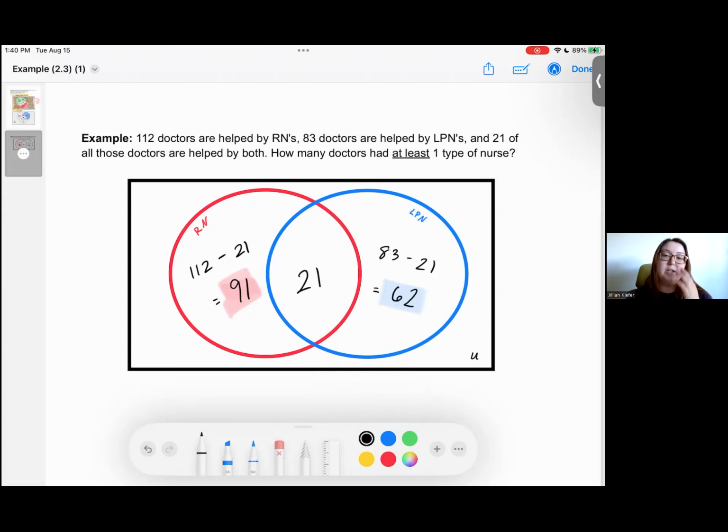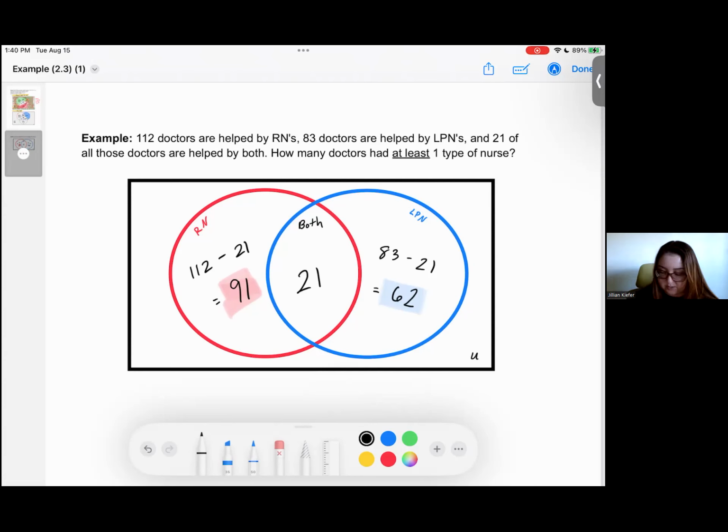So when we have the question, how many doctors had at least one type of nurse, at least means including one and also two, or one or two. So we would consider all the values, RN plus LPN plus both.